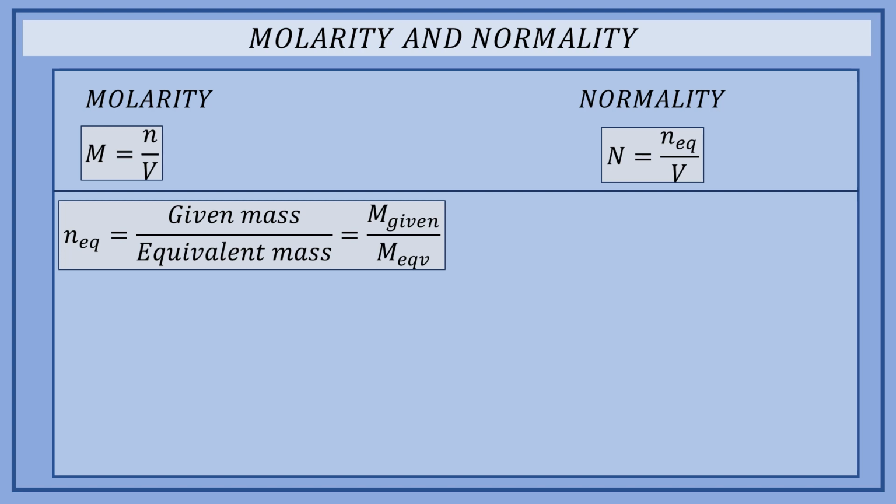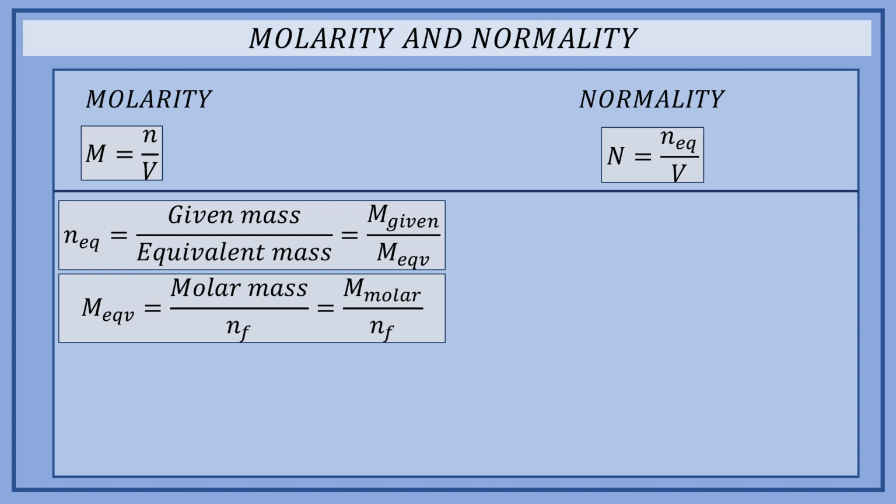Now, the equivalent mass is given by the molar mass of that particular solute divided by its n factor. For example, if the solute is an acid, then the n factor will be its basicity. So let us represent it as m molar upon nf.